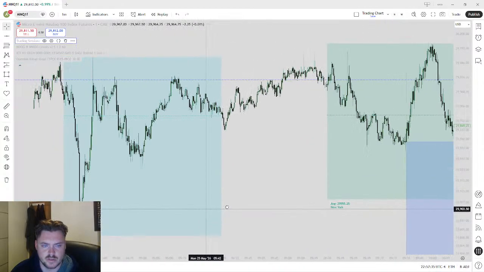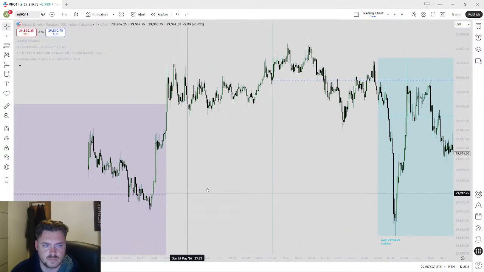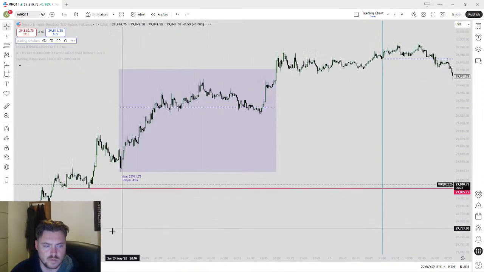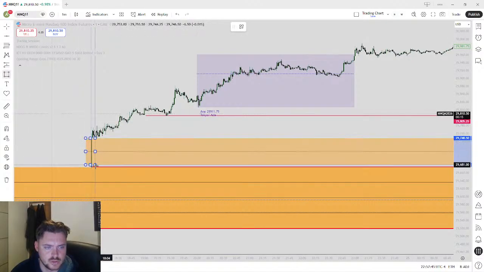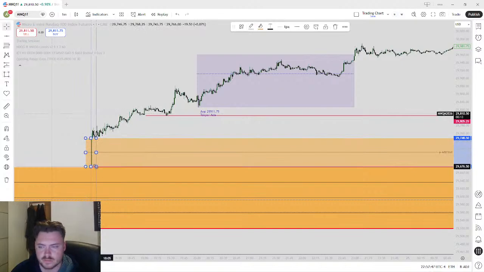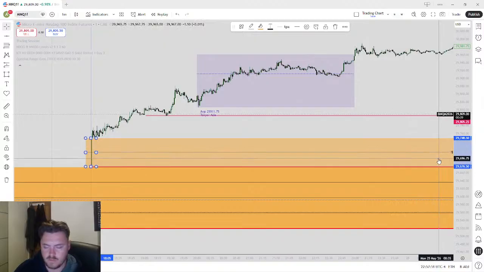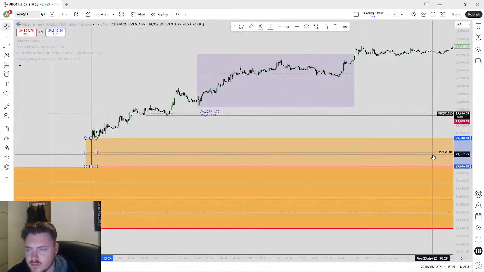Let's cover previous sessions. So when we open here, there's a big displacement candle, which you could use as an efficiency. Can you see that? Have I spelled that right? Displacement.